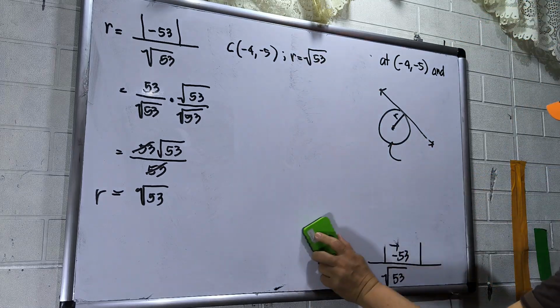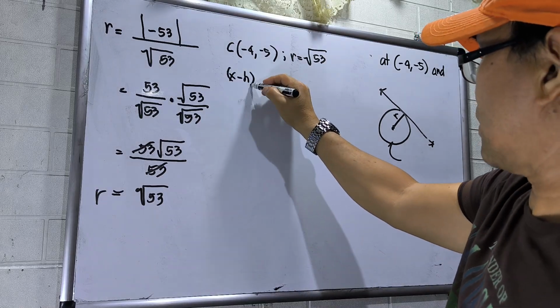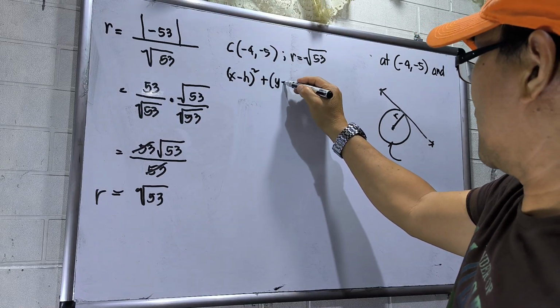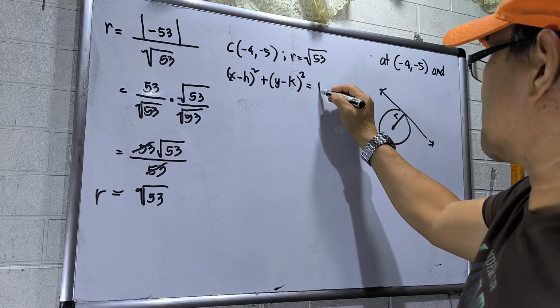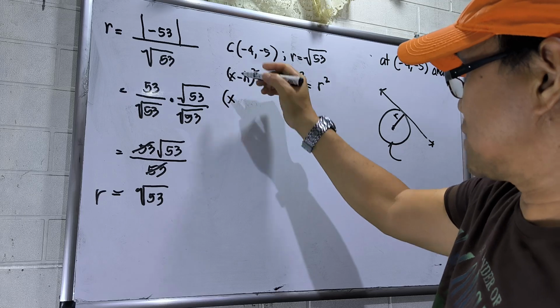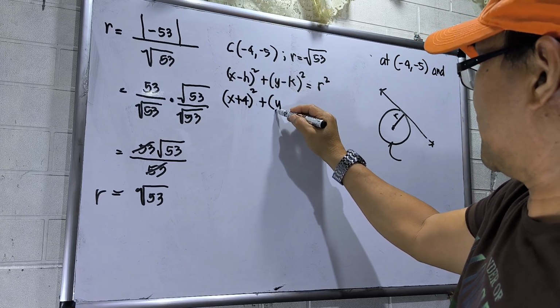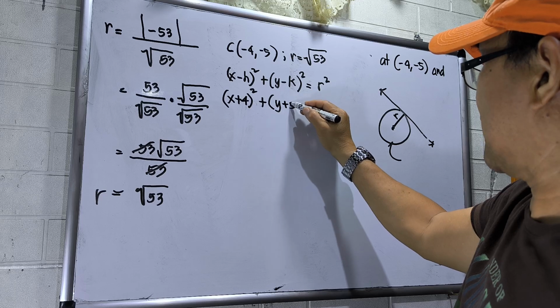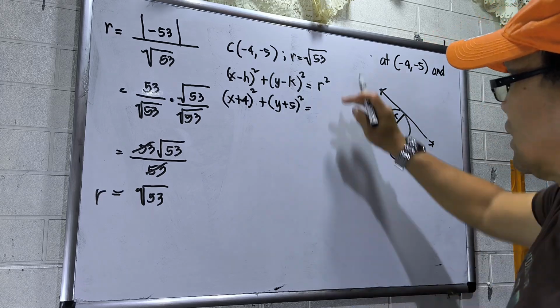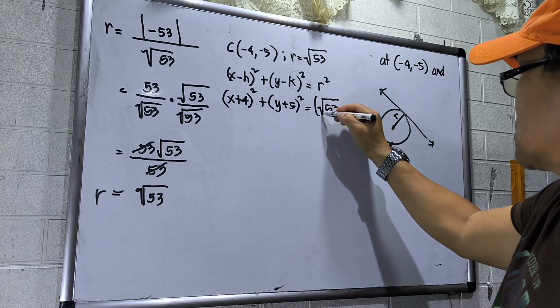The formula is x minus h squared plus y minus k squared is equal to r squared. So x minus negative 4 becomes positive 4 squared, plus y minus negative 5 becomes plus 5 squared, is equal to the square root of 53 squared.